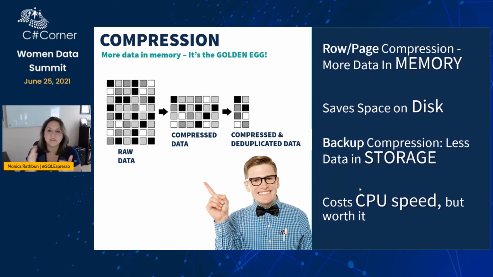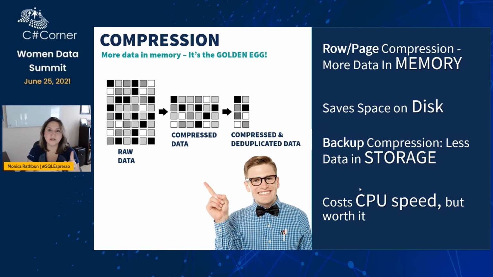Okay, so that's the difference between page and row compression in a small summary here. We definitely want to use that. It saves space on disk, and it will cost you a little more in CPU, but what you get back is totally worth it if I can get that data back faster.